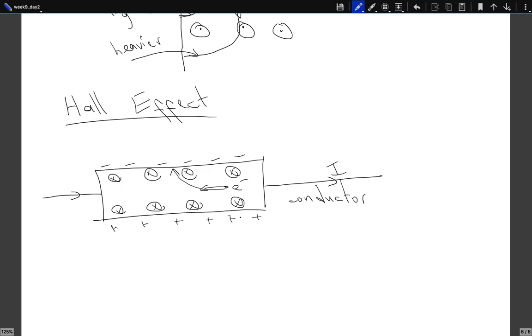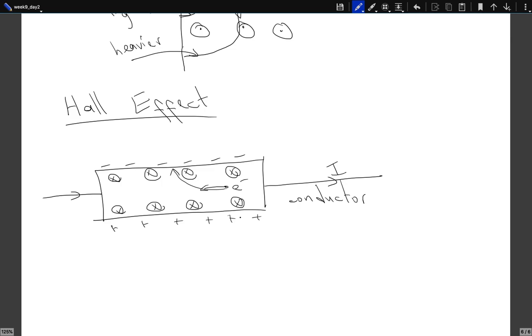So they will start accumulating on the top edge, and the lower edge will be positively charged. But this accumulation of charges at the top edge and the lower edge will create an electric field inside, and that electric field will exert a force on the electrons in the opposite direction.